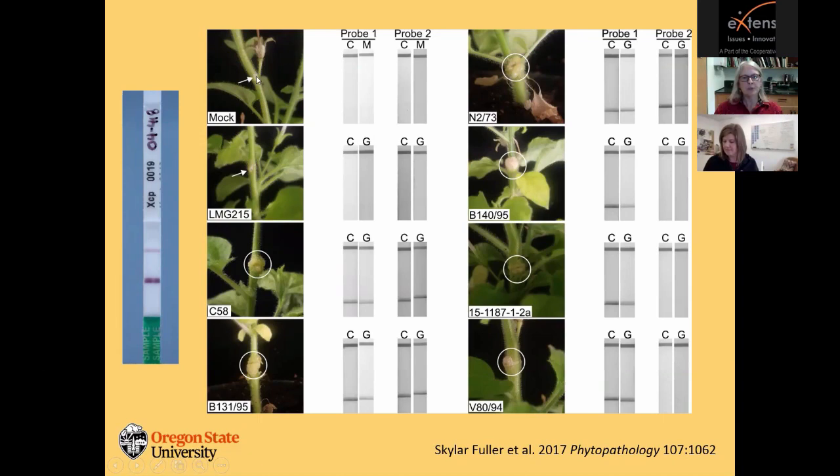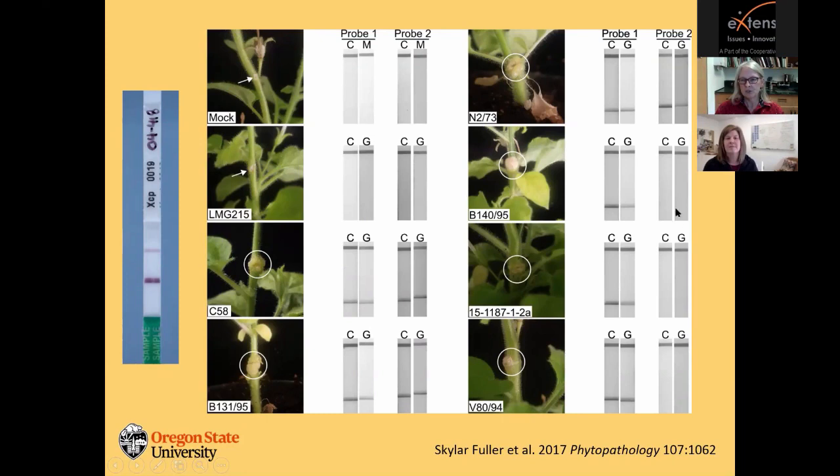So here is where we wounded, and we just applied a buffer. There's no indication of detection. This is an avirulent or non-pathogenic, non-disease-causing strain of Agrobacterium. No detection. That's good. And all of these others are pathogenic or gall-inducing strains of Agrobacterium, and you'll see that there are lines.